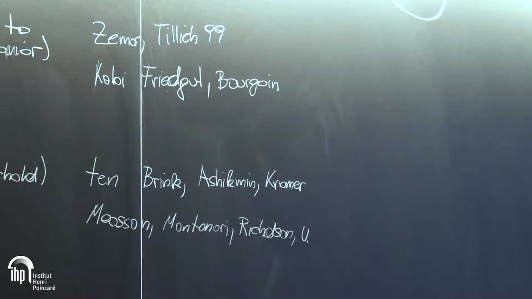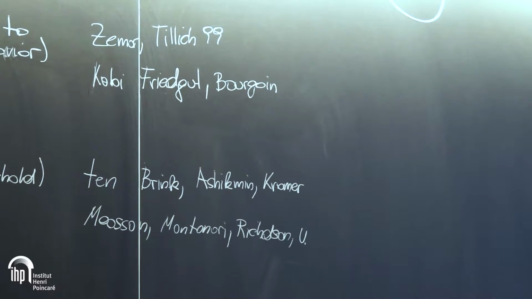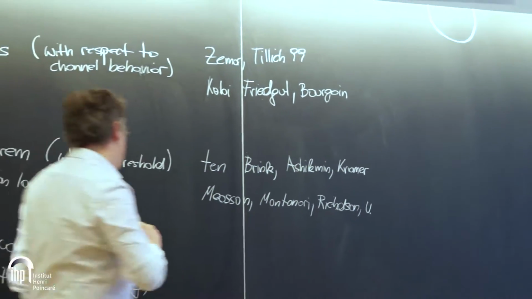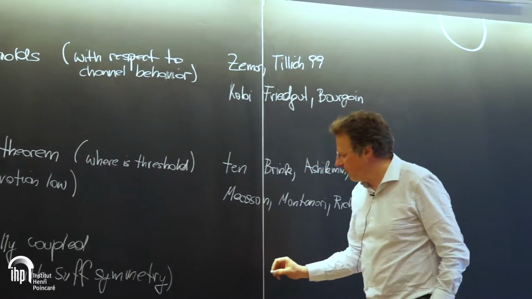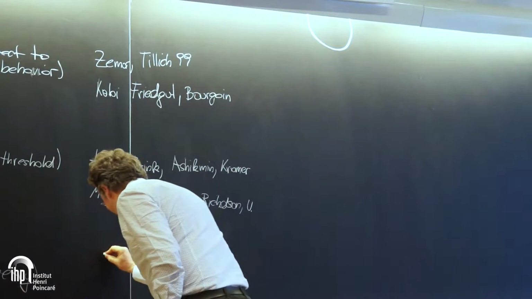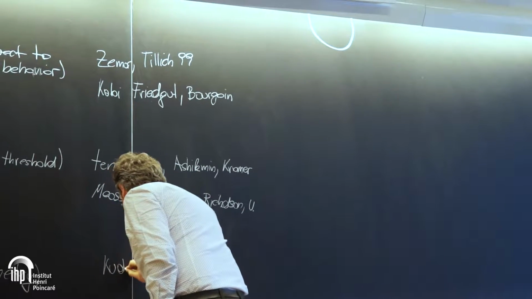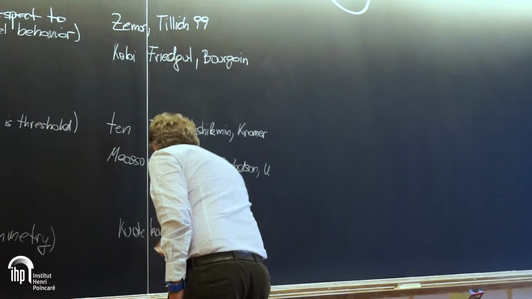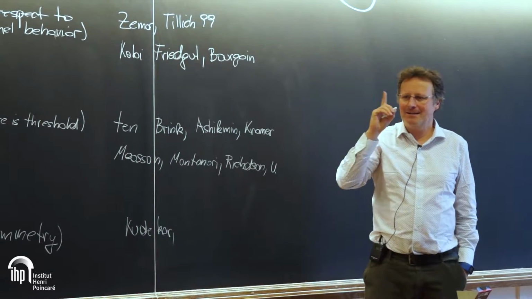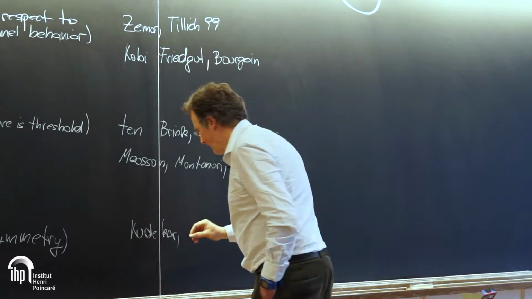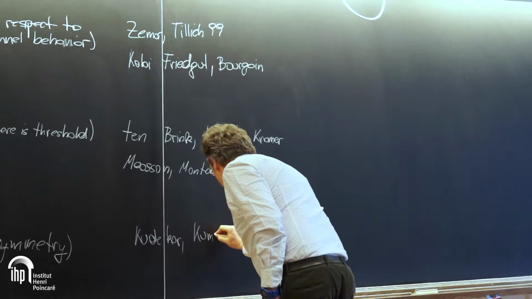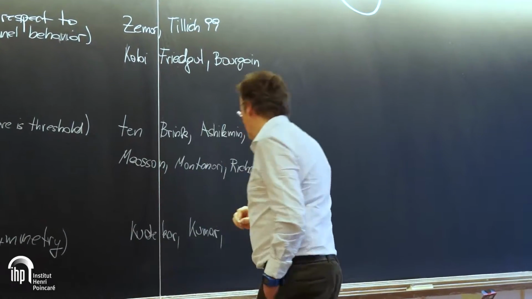And since I'm only talking about this part, there are quite a few people involved. Of course, here is Henri. So there's a whole sequence. We have, let's see, in alphabetical order, Kudekar. I think he was first. And there is a student of Henri, Santosh Kumar.